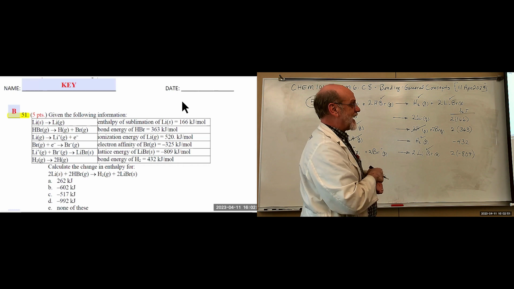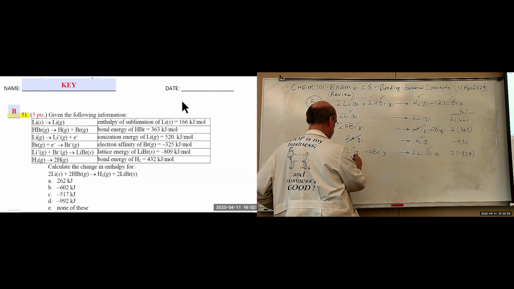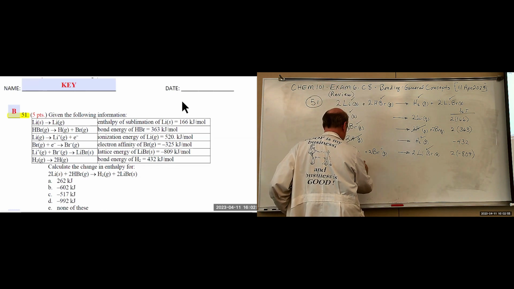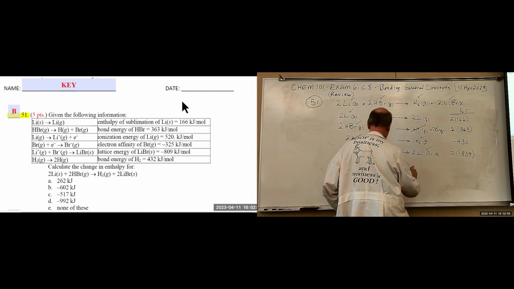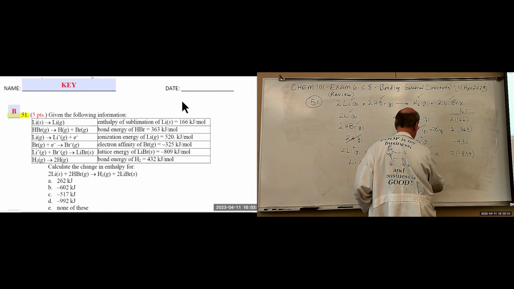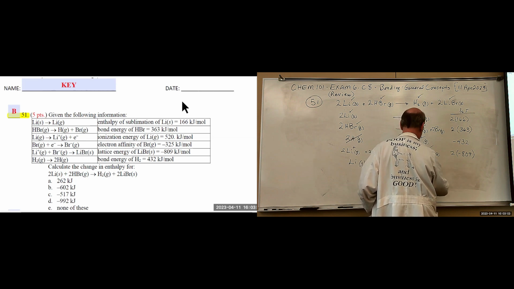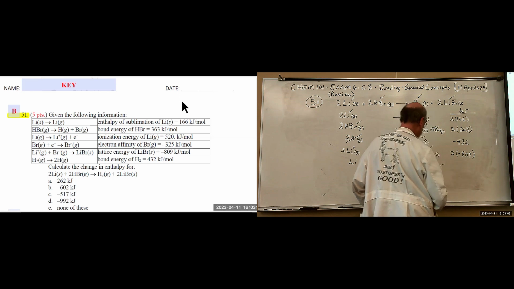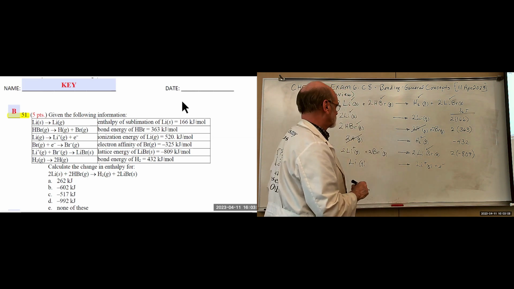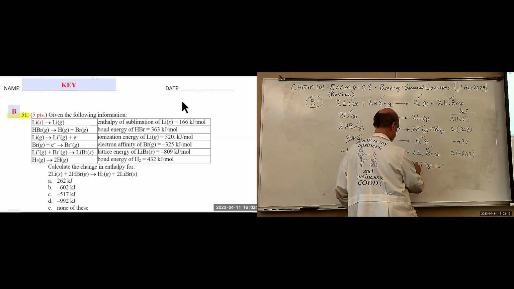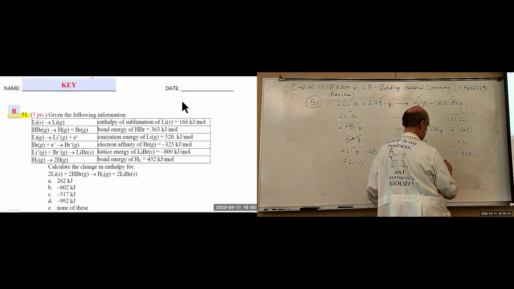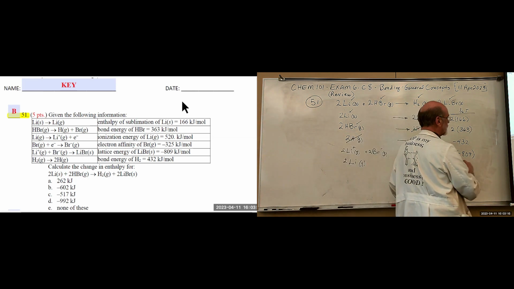The third one down, ionization energy. So lithium gas yields lithium plus gas plus an electron. But we need two of them, so we need 2 times the value.